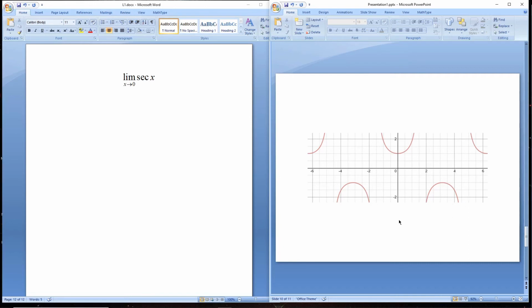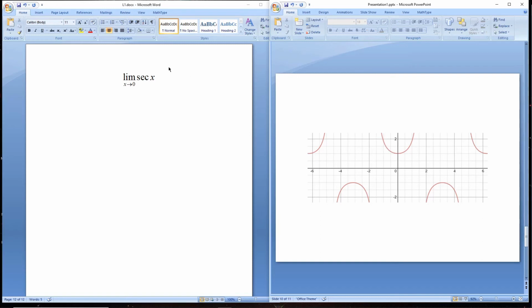So what does this tell us about the limit? This tells us if we are on a solid line, then the limit exists. If we are not on a solid line, like at the vertical asymptotes, then the limit does not exist.